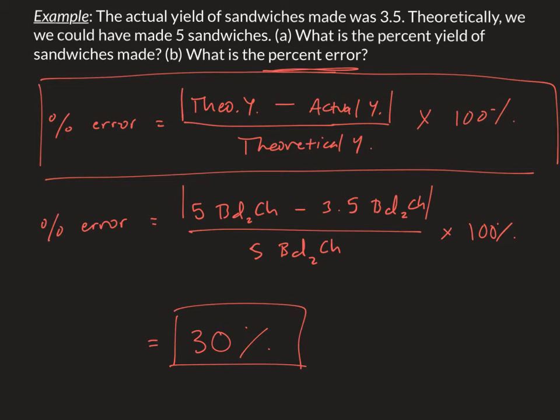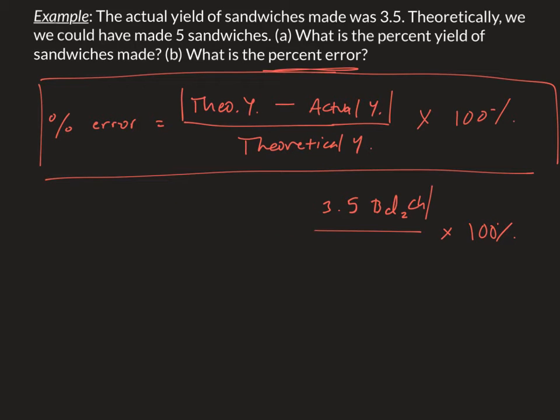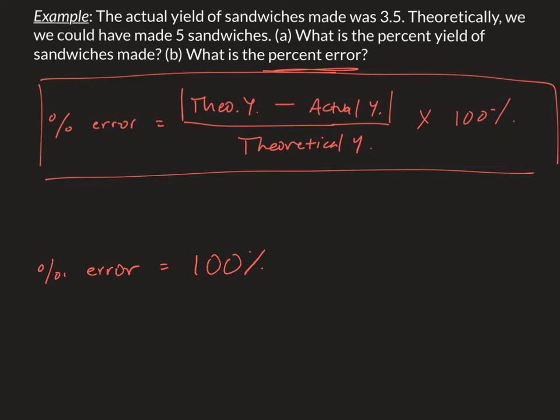Wow. Okay. So another formula for percent error is actually, let me just go ahead and erase this. Okay, I'm assuming you've copied this down. Another formula that you can use for percent error is going to be 100% minus our percent yield.